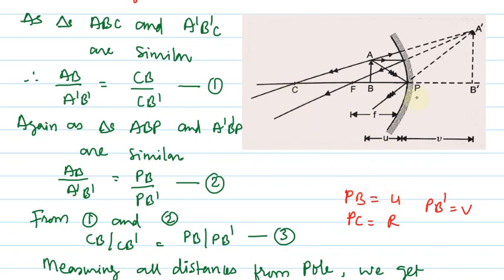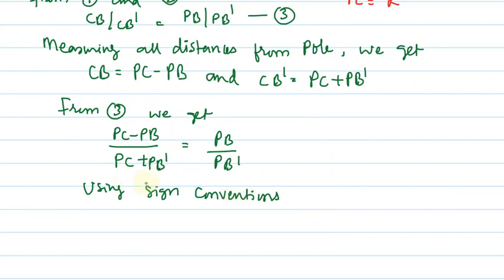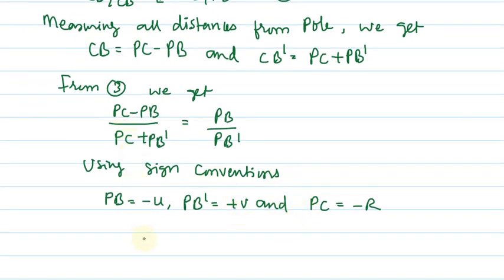The radius of curvature is also measured from the pole opposite to the direction of incident rays. So when we use sign conventions, we can write PB is equal to minus U, PB prime is equal to plus V, and PC is equal to minus R. If we substitute this in the above relation, what is PC minus PB?